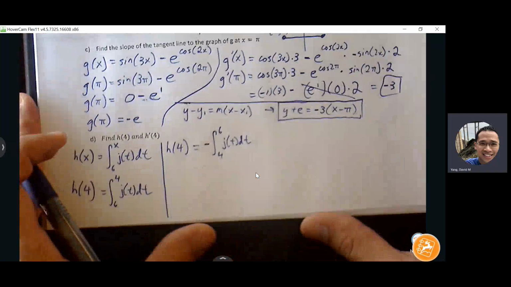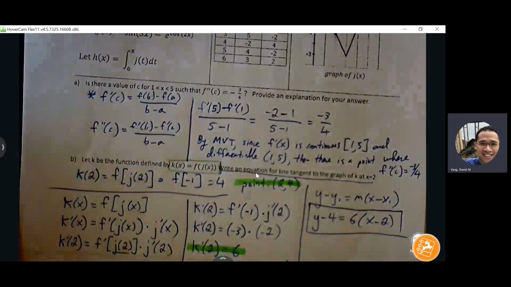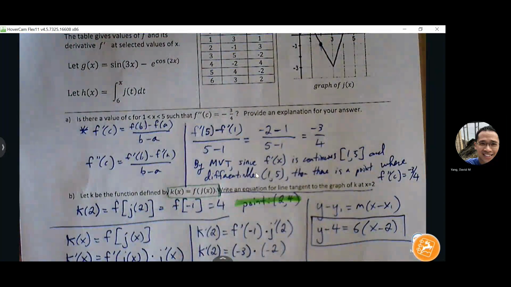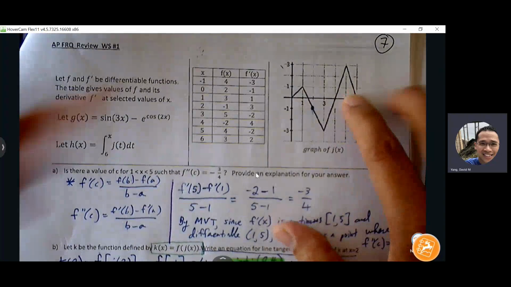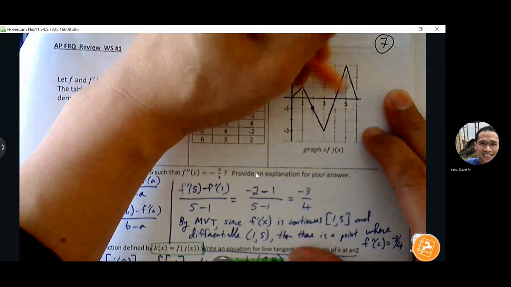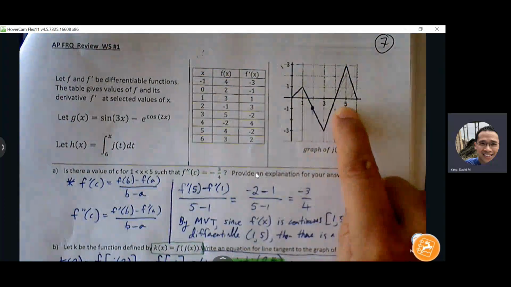So we want to figure out the region from 4 to 6. Take a look, 4 to 6. That's just this triangle here. What's the area of this triangle?